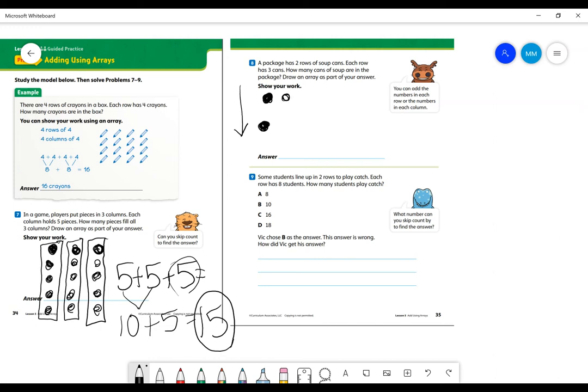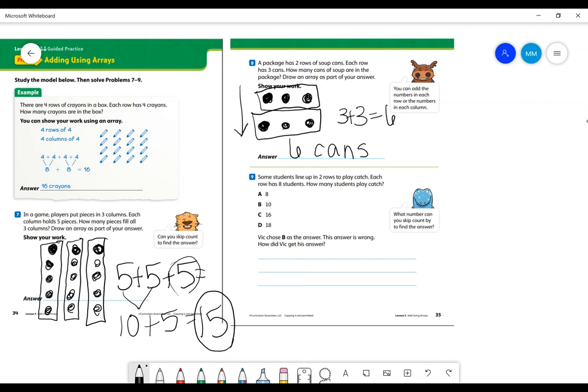I will have 3 in each row. So 1, 2, 3. 1, 2, 3. So how many do I have all together? I have 2 rows, 3 in the first row, and 3 in the second row. 3 plus 3 makes 6 cans.